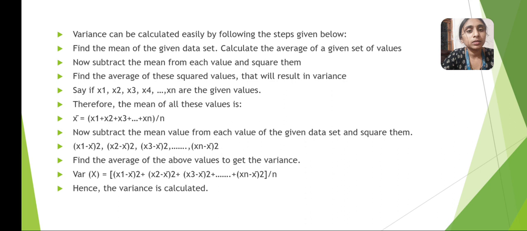Now let us find the average of these: the variance of x equals (x1 minus x bar) whole square plus (x2 minus x bar) whole square plus (x3 minus x bar) whole square, and so on up to (xn minus x bar) whole square, divided by n.